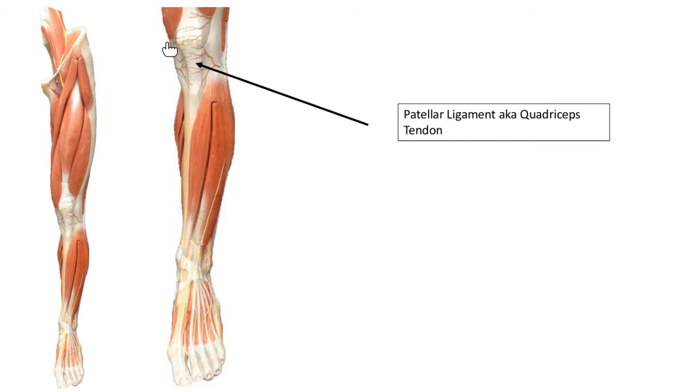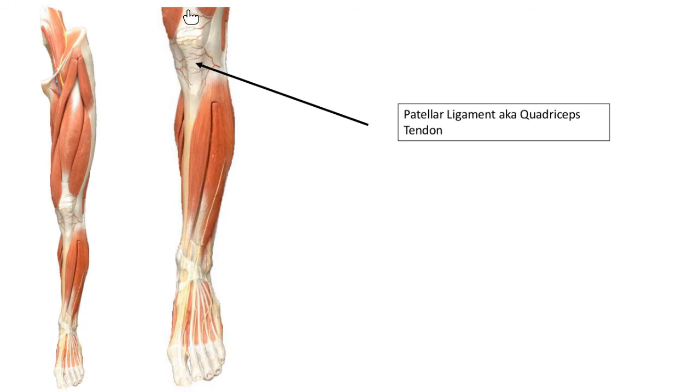But also at the same time, from the patella down to the tibial tuberosity, there's no muscle in there. So here's the thing. I'm usually pretty easy at grading this, but if you see the arrow pointing here, I won't mark you wrong if you say quadriceps tendon or patellar ligament.